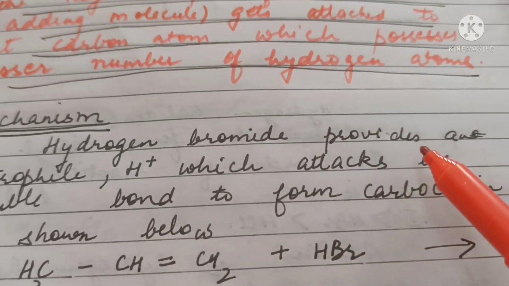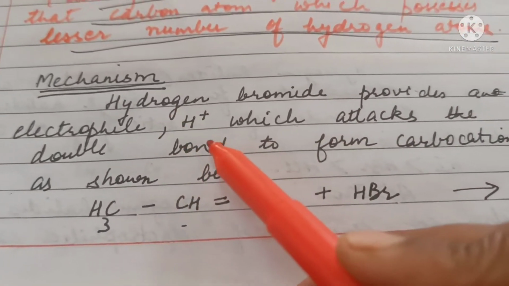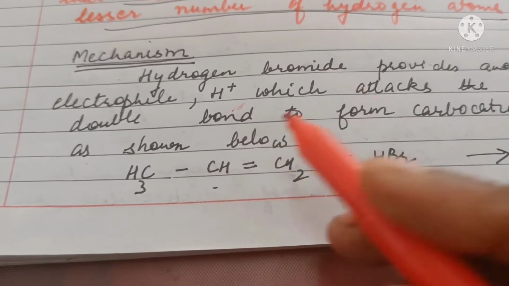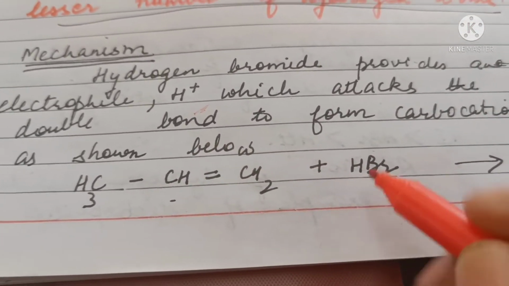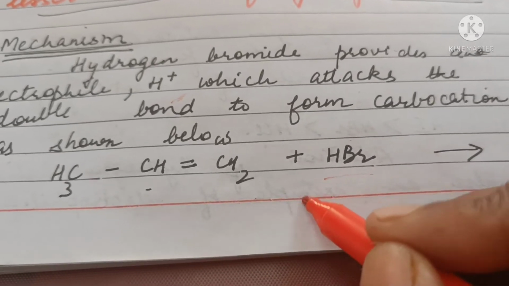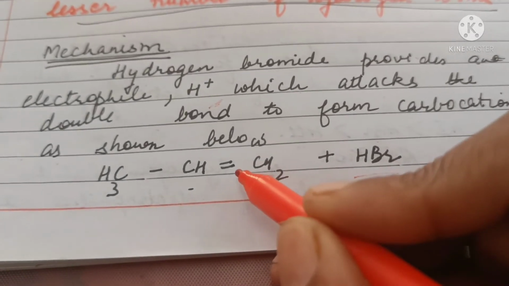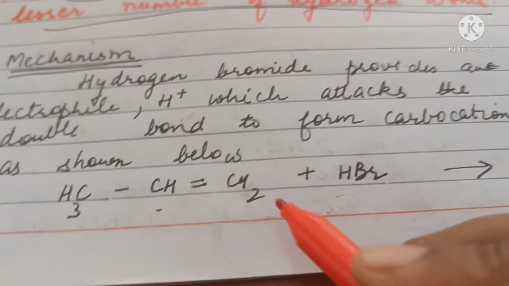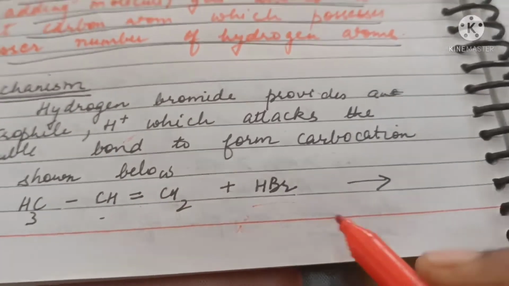Hydrogen bromide will provide an electrophile, H positive, which will attack the double bond to form a carbocation. So when HBr releases H positive, it will take these electrons, get attached and form a carbocation. Now two possibilities arise.